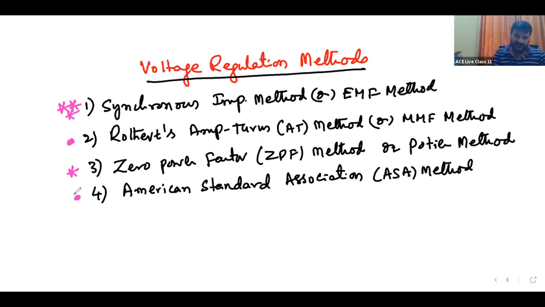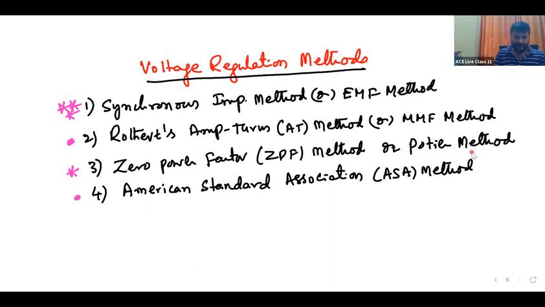Some students will ask: synchronous impedance method means in this method we measure synchronous impedance, or EMF method. Rother's ampere turns means Rother is the scientist who developed this method. He has given Rother's MMF method. ZPF method or Potier method. Potier is also a scientist who developed this method.